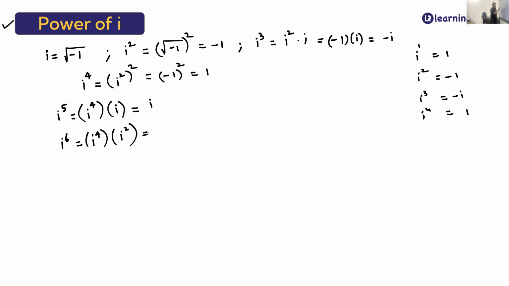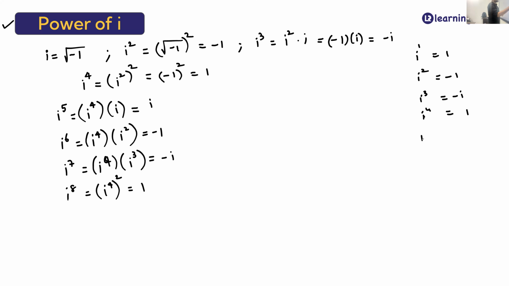So I power 4 into I square is -1. Similarly, I power 7 is going to be I power 4 into I cube. So I power 4 is 1, and I cube is minus I. Similarly, what is the value of I power 8? It is I power 4 the whole square, which is 1 the whole square, which is 1.